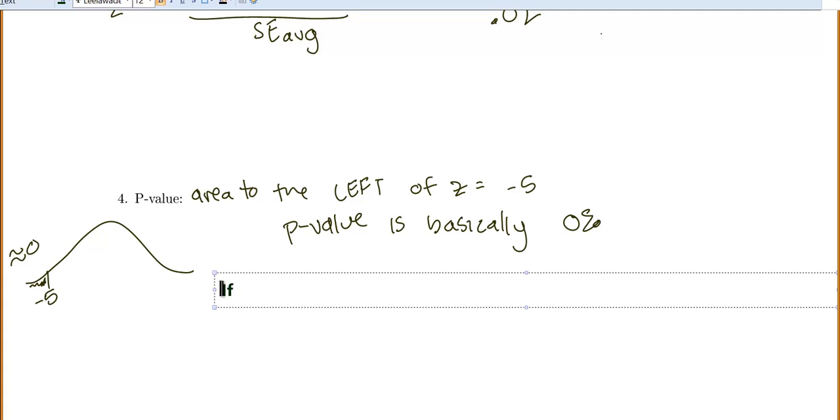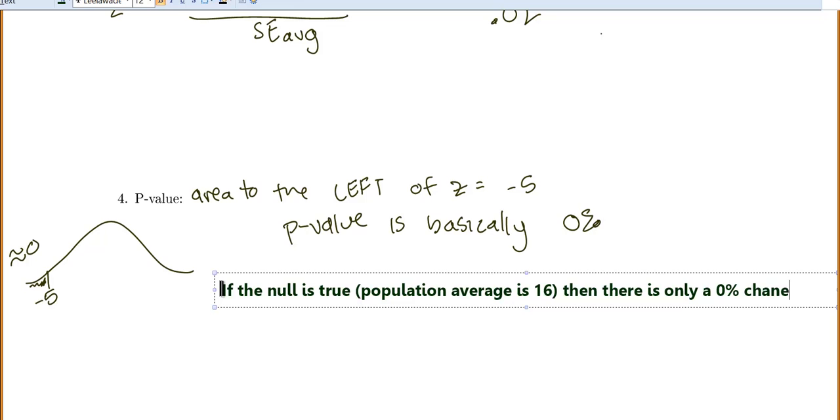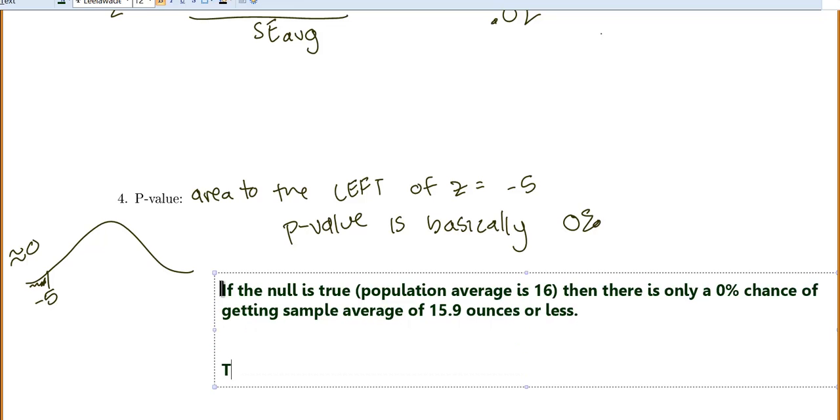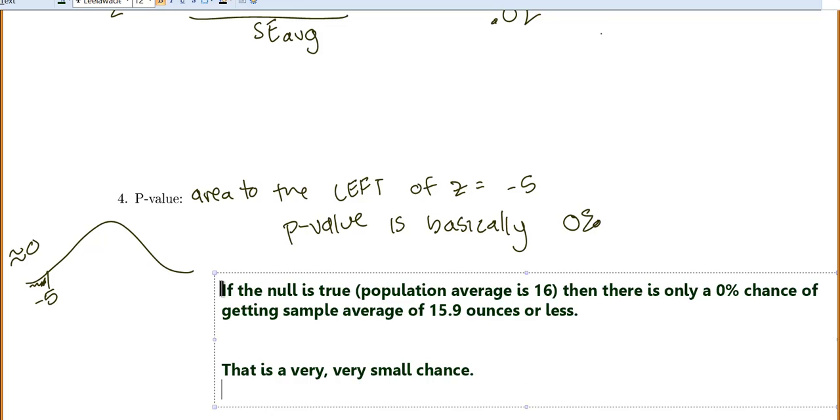So this means if the null is true, so basically the population average is 16, then there is only a 0% chance of getting a sample average of 15.9 ounces or less. That is a very, very small chance.